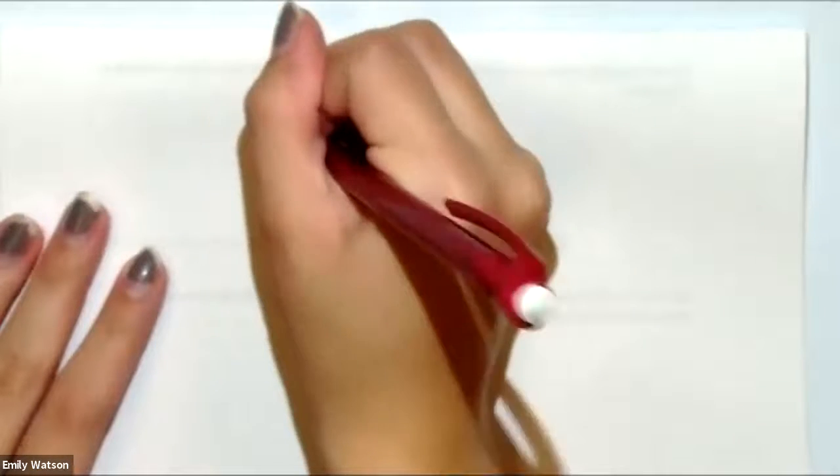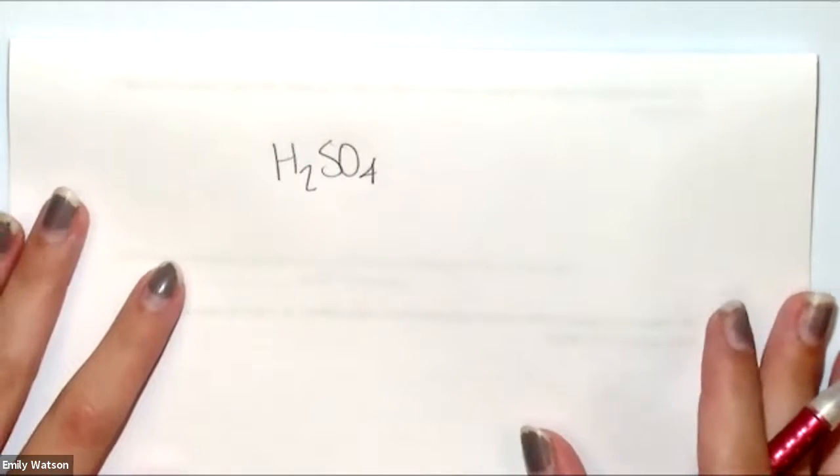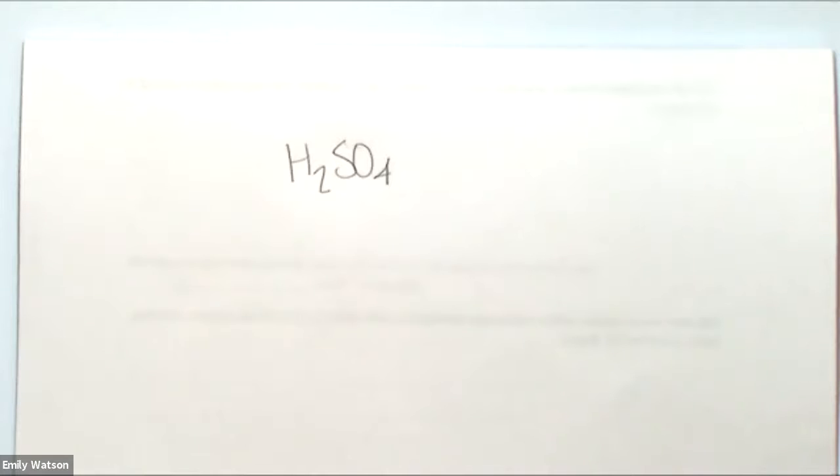Okay, so I want to start off with seeing how we feel about assigning oxidation numbers. Not in a chemical reaction or formula or anything like that, just in a compound. So we're going to start with H2SO4. What's the name of that compound? So not hydrogen sulfate. Not dihydrogen sulfate.